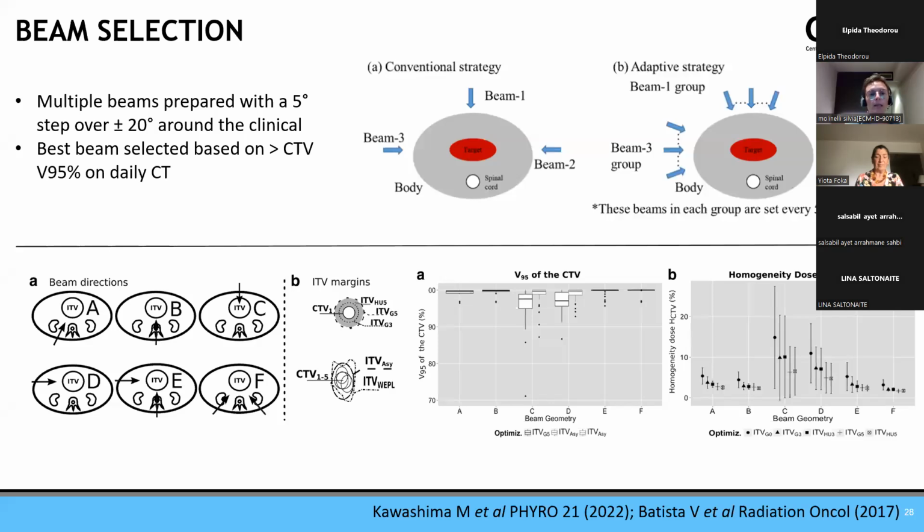So what they're doing is basically to prepare a series of beams, which are spread over 20 degrees around the planning beam with a step of 5 degrees. And based on the daily imaging, they choose the best option that they can deliver, with the criterion of target coverage.